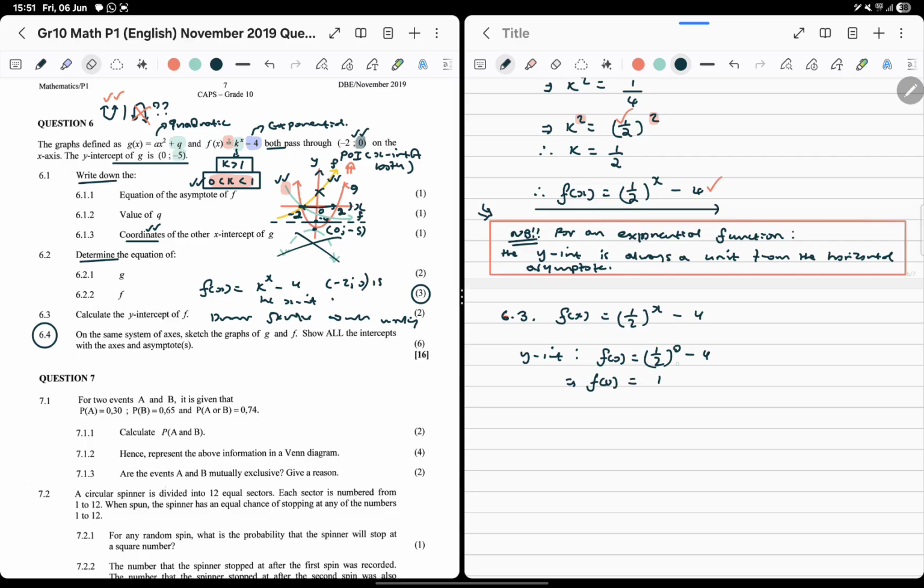Remember, any base to exponent 0 is 1, minus 4. Therefore, f of 0 is minus 3. Therefore, the y-intercept is going to be (0, -3).